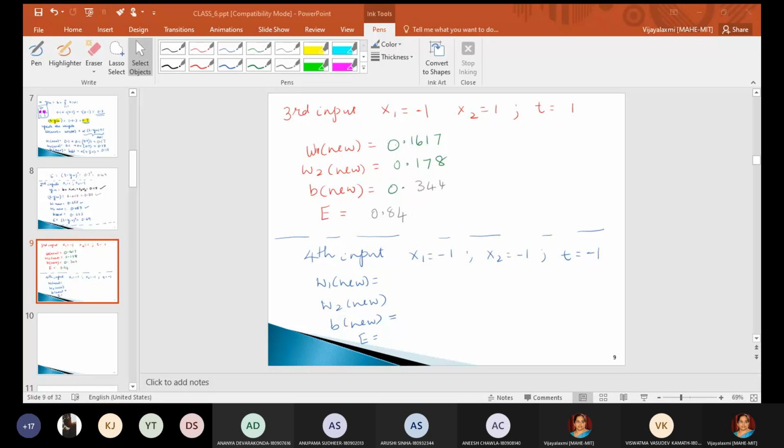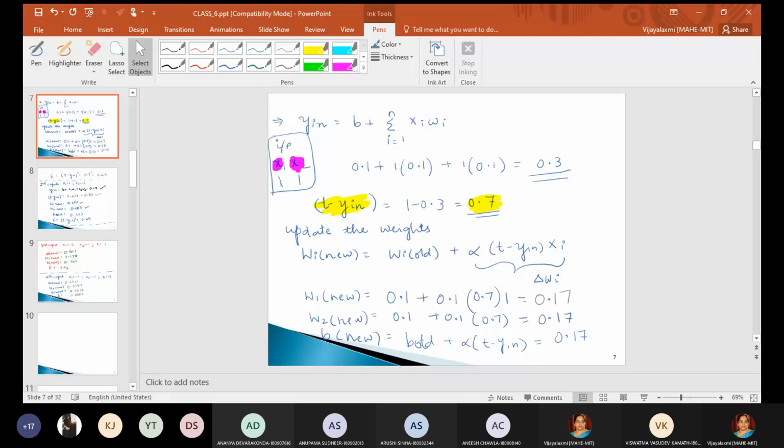W1 is 0.2621. Okay. W2? Ma'am, W2 is 2.2787. Okay. B is 0.2438. Okay. Error is? 1.0086. Okay. Now, what we have done is, let me just go back for this particular problem.